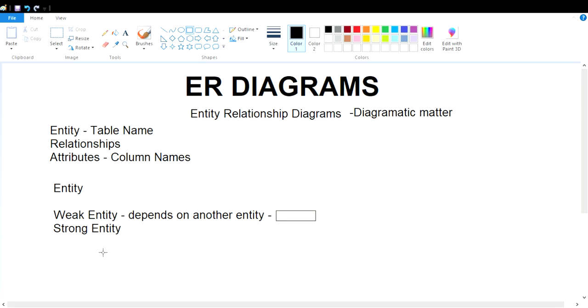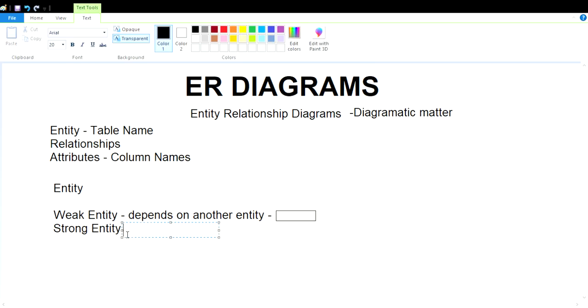And a strong entity is one that does not depend on another entity. Which does not depend on another entity is called a strong entity.